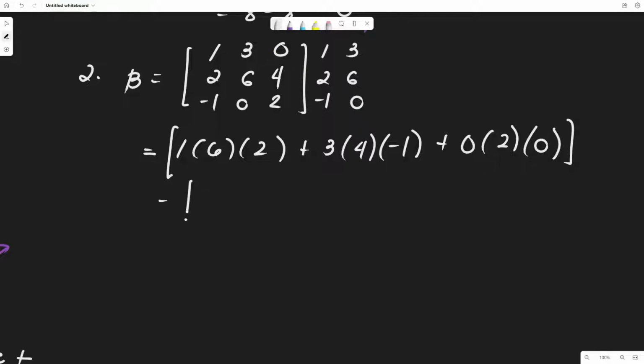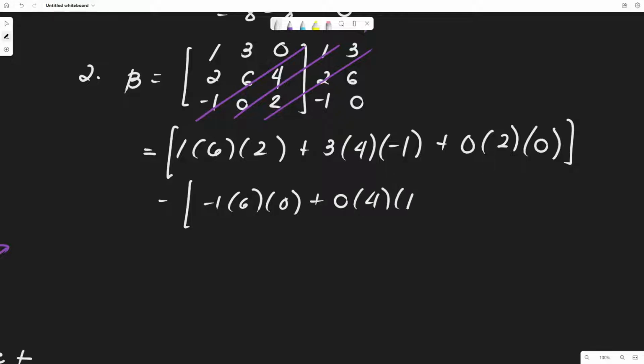Then minus all of the up products. So we have here 1, 6, 0, 0, 4, 1, then 2, 2, 3. Okay, so we have negative 1 times 6 times 0, then plus 0 times 4 times 1, then plus 2 times 2 times 3.